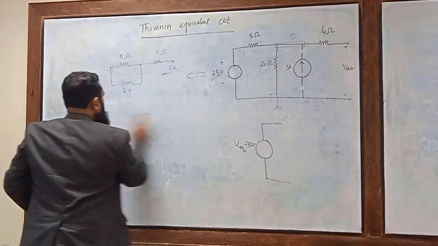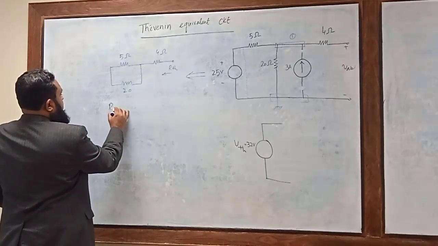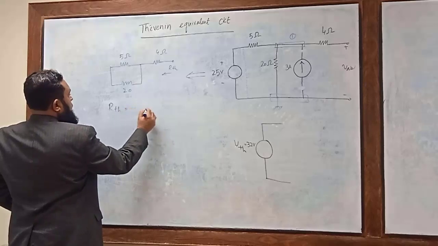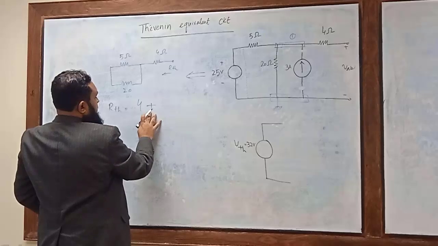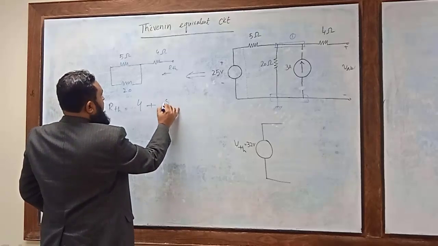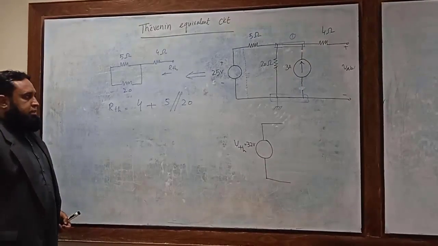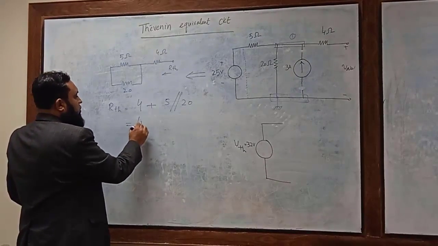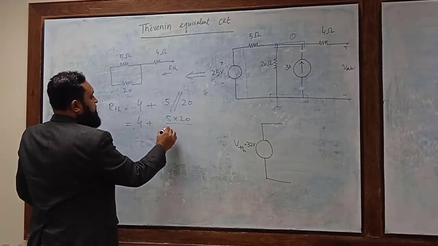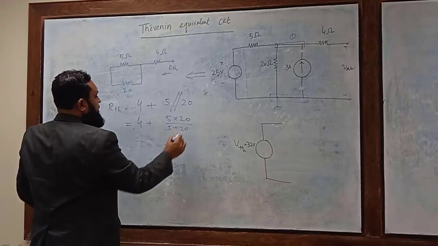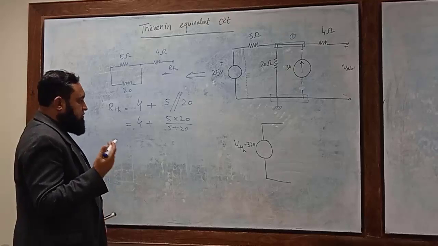So the Thevenin resistance is equal to 4 ohm series resistance, so that's why we add this plus, and 5 ohm resistance, which is in parallel with 20 ohm resistance. So 4 ohm plus 5 multiplied by 20 divided by 5 plus 20, which is 25, and this is 100. 100 divided by 25 is 4.